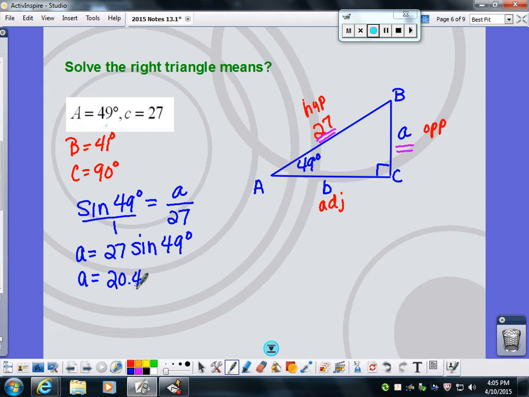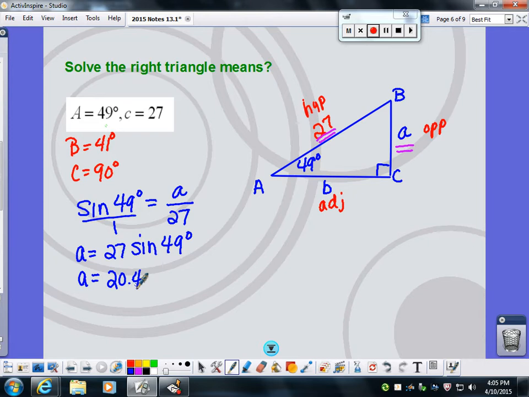All right, now we need to find B. You have a choice for finding B. You could use the trig ratios, or you can use the Pythagorean theorem. Since we're practicing the trig ratios, let's do that. We're still going to use our reference angle of 49 degrees, and we want to find B. Which trig ratio are you going to use? You've got adjacent and you've got hypotenuse.